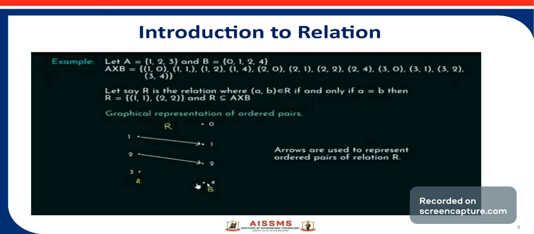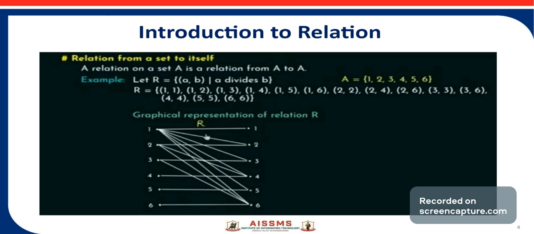Here for the graphical representation, arrows are used to represent these ordered pairs of relation R. So, in the relation R, two elements are present: (1, 1), (2, 2). So, here one arrow is drawn from 1 to 1, and 2 to 2. So, this is the graphical representation of ordered pairs.